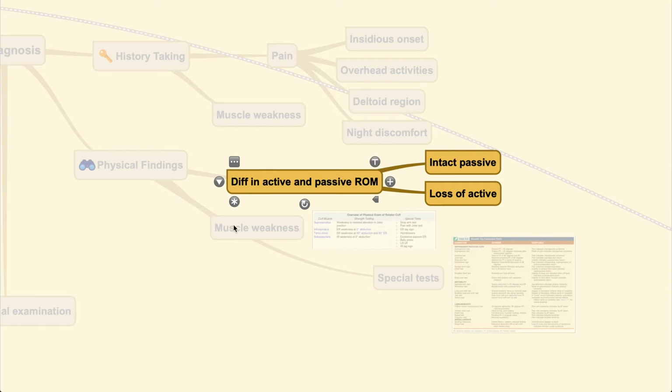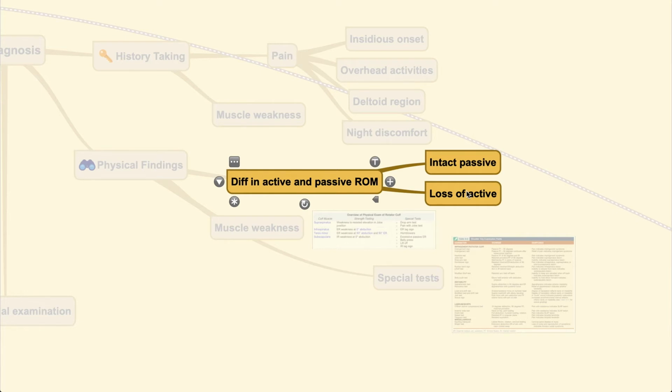While knowing all of that, you need to remember the basic anatomy of the rotator cuff in order to perform a good physical examination. Because in first evaluation of the range of motion, you need to differentiate between the active and passive range of motion, because in rotator cuff disease there will be an intact passive range of motion with loss of active range of motion, because basically there is nothing wrong with the joint.